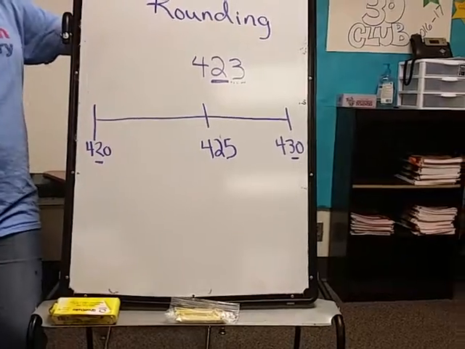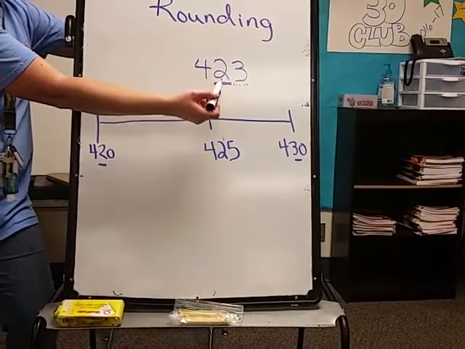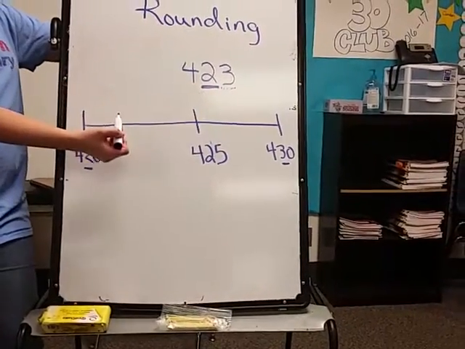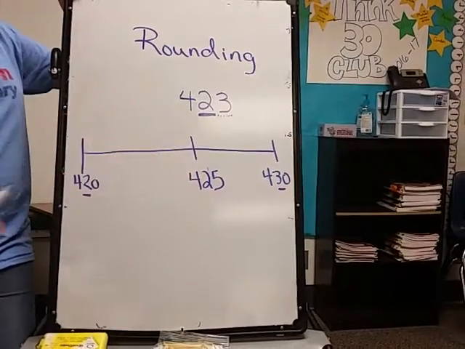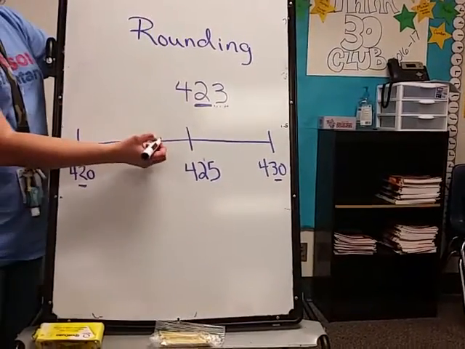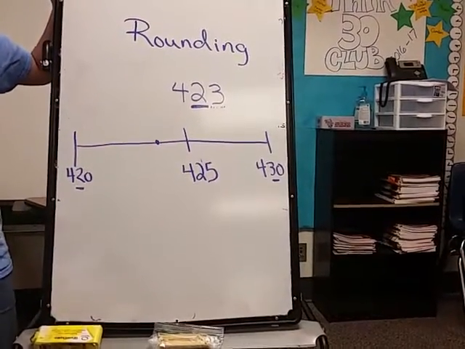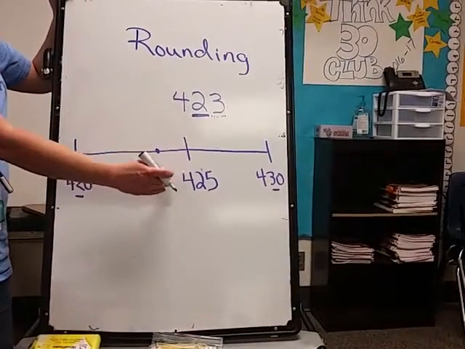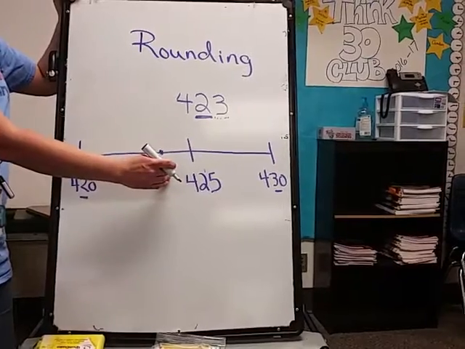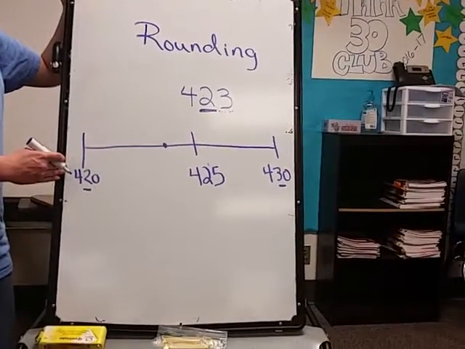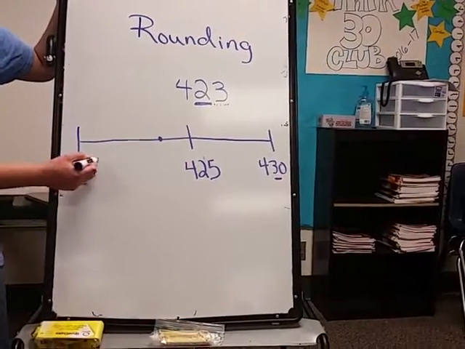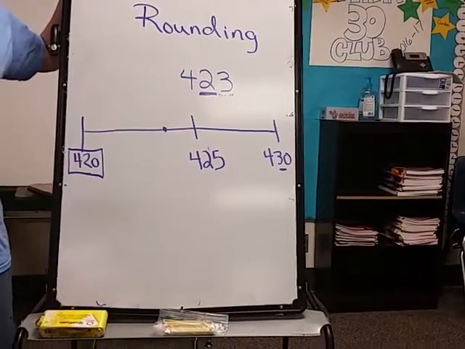Okay? Now, we ask ourselves, is 423 to the left or to the right? And 423 is going to be about right here-ish. Okay? So if we look at this, we're going to round to the nearest tens, which would be 420.